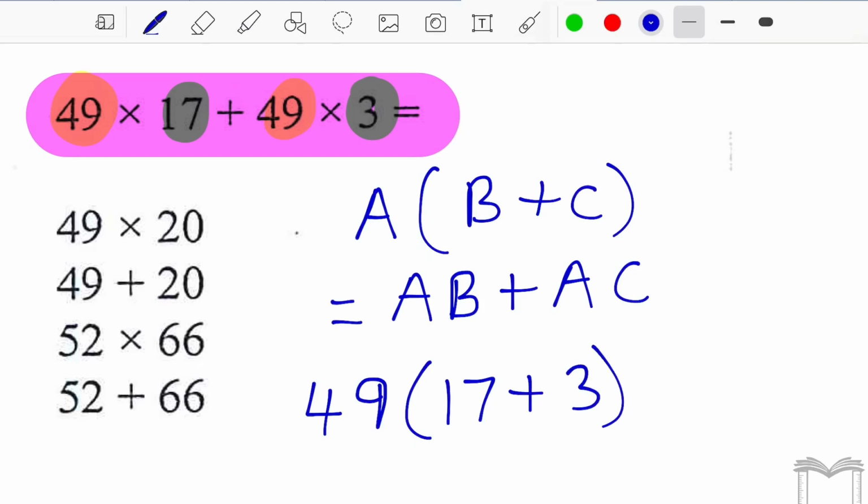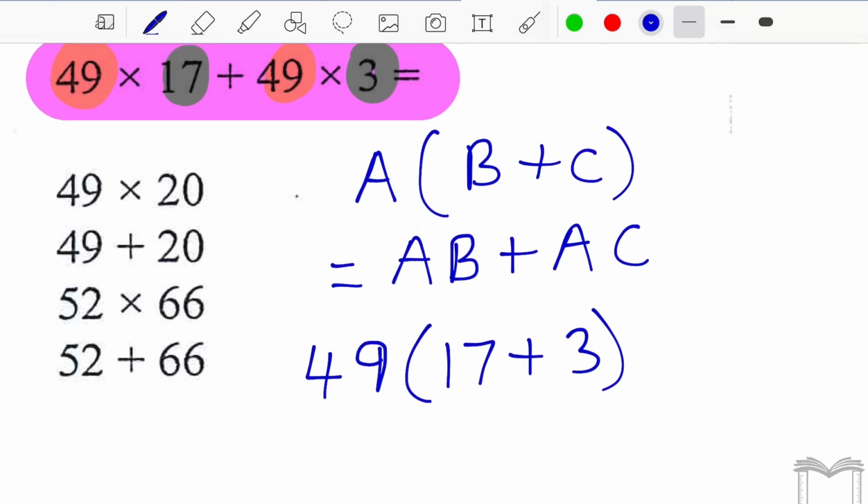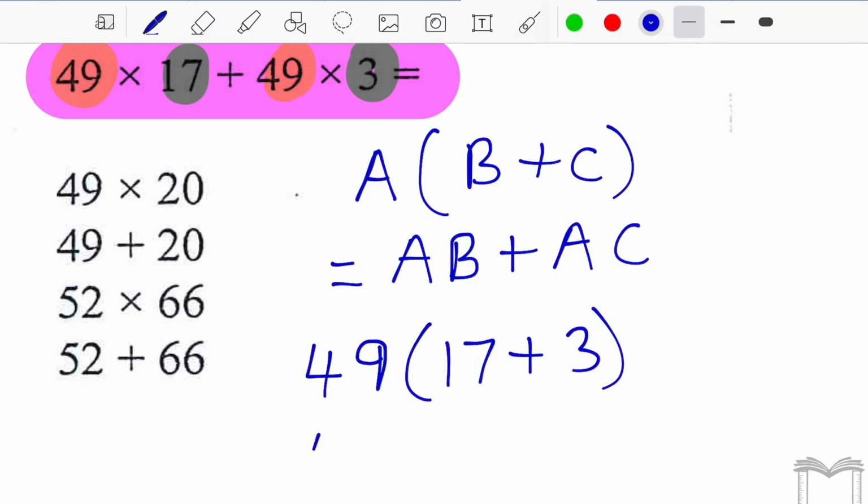We know that 17 plus 3 is 20. So it's really 49 multiplied by 20.